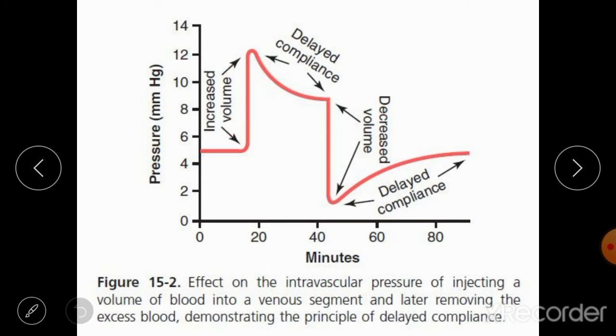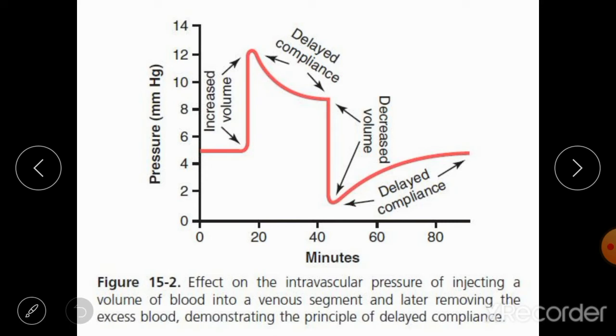But as the time passes, after a few minutes, this pressure will fall back to around 10 millimeter mercury. This is due to the readjustment of cross bridges within the smooth muscles which make up the vessel wall. This smooth muscle relaxes and readjusts to accommodate this additional volume of blood without much increase in the pressure.